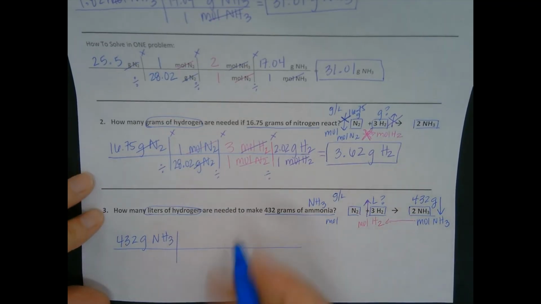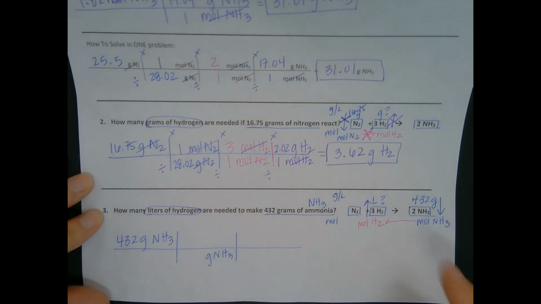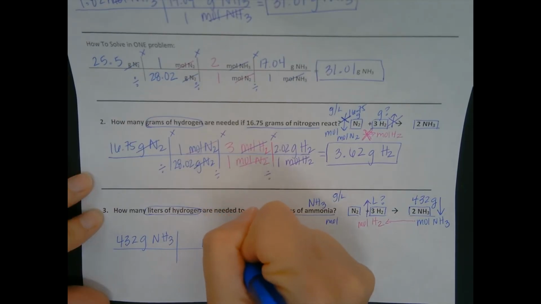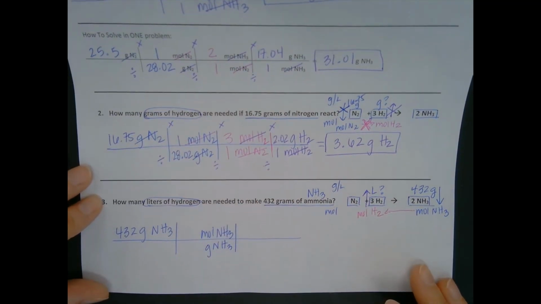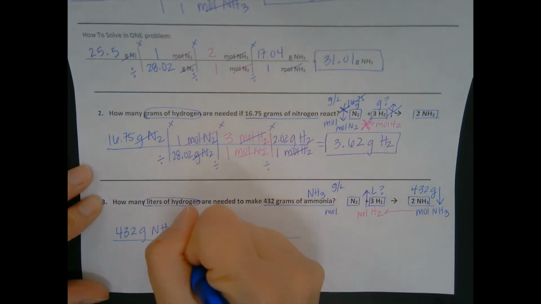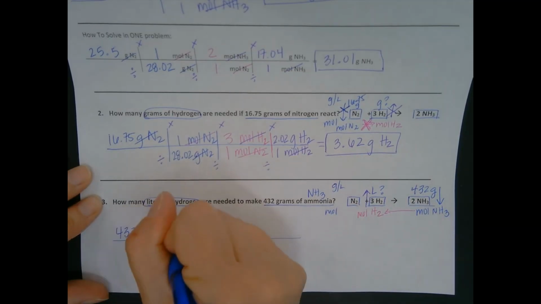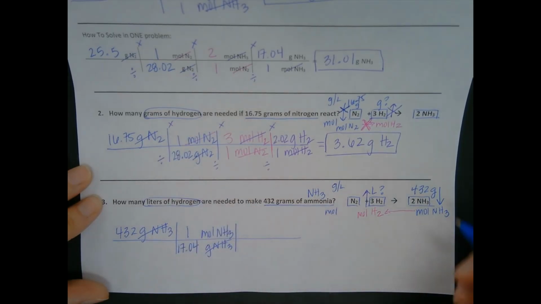I know that I'm going to copy down my grams NH3 because I need it to cancel. But what's going to be on the top? Moles of NH3, because that's what I'm looking for first. I have to turn it into the mole. So if I look at my toolbox, what am I going to use to get me there? Molar mass. So what number goes on the top? Over 17.04. Grams NH3, grams NH3 cancel. I'm done with this first arrow, so I cross it out.